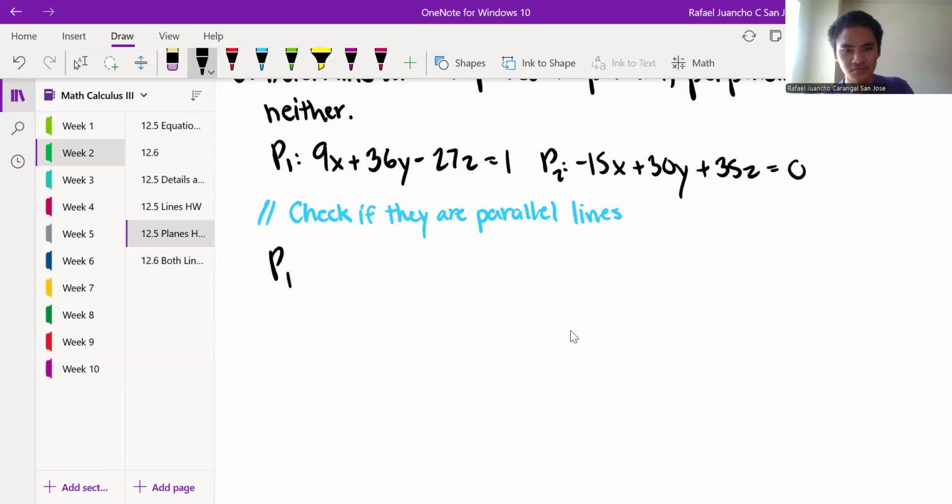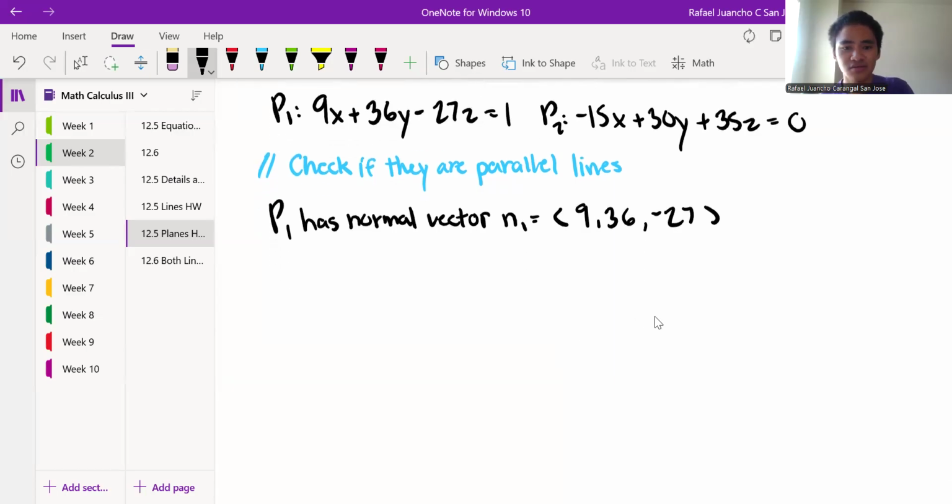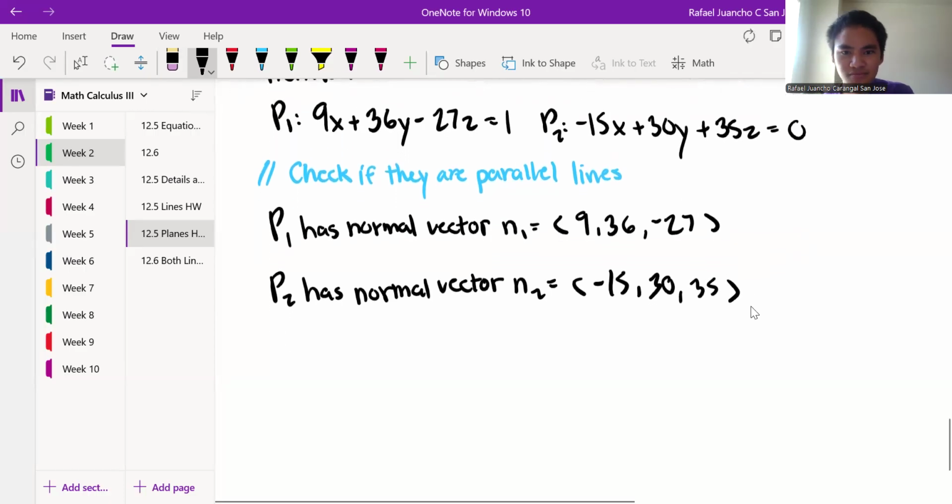P1 has normal vector N1 with 9, 36, negative 27. So we're just looking at those numerical coefficients. P2 has normal vector N2, so negative 15, 30, 35. Right? Another reason why I put names is so it's not harder to see.